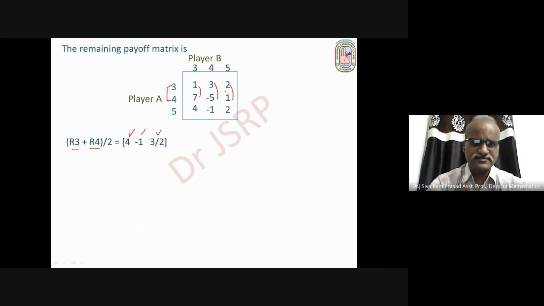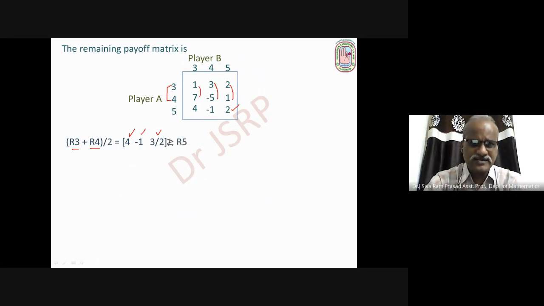Now compare this average with the fifth row. In rows, we delete the row on the greater side of the inequality, so you have to compare this average with the greater than or equal sign. Observe, is this average greater than or equal to row 5?